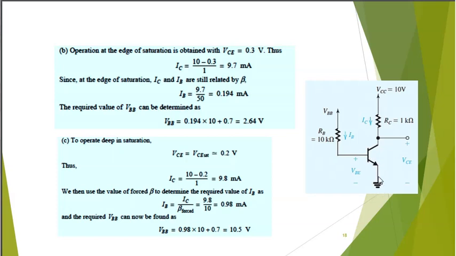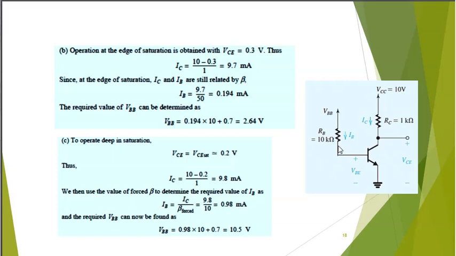Luckily we don't have any resistor in the emitter, so our equation is very simple. So 10 minus 10 IB minus 0.7 equals 0. So IB will be 10 minus 0.7 over 10, right? It's like 9.3 over 10, it's going to be 0.93.